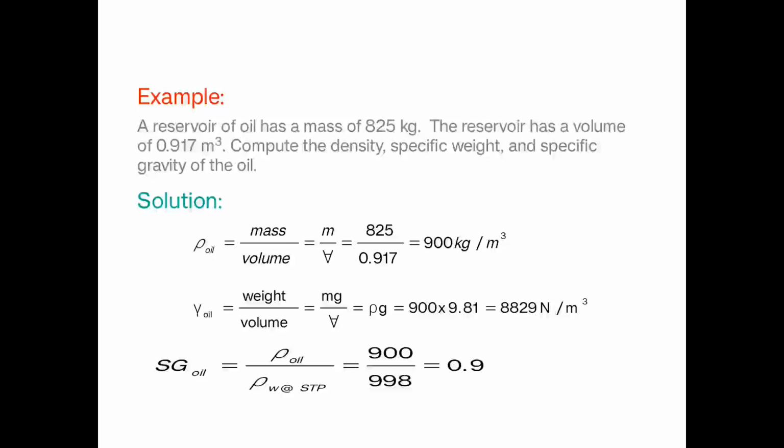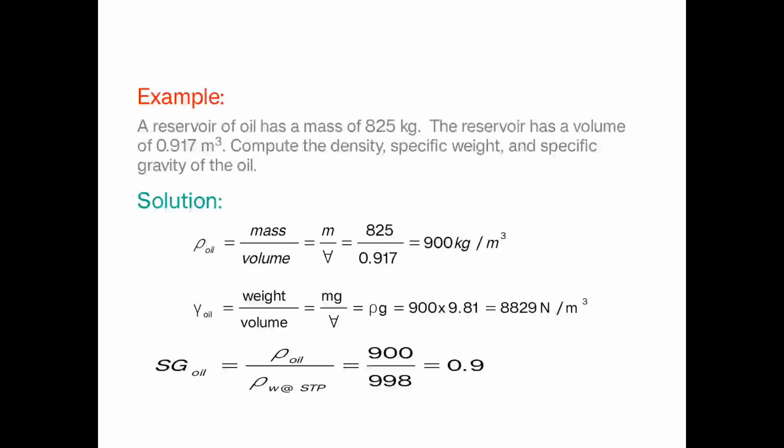And here is the example to measure the density, specific weight and specific gravity of the oil. They have given a reservoir of oil with a mass of 825 kilograms and a given volume. Density means mass over volume, so you will get 900 kilogram per meter cube.